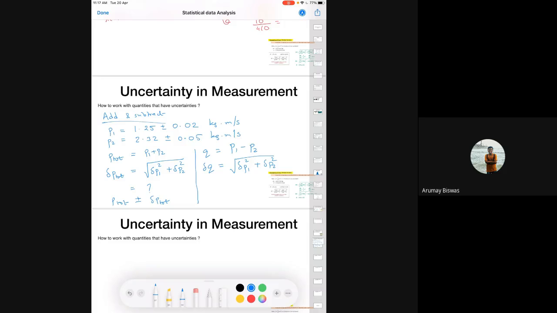So if you have a difference, the percentage uncertainty in the difference is much larger than the percentage uncertainty in the sum. This is something very important to remember.